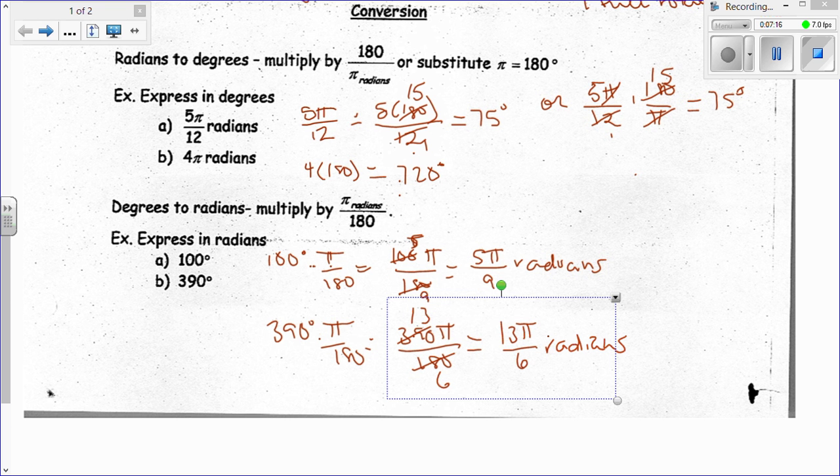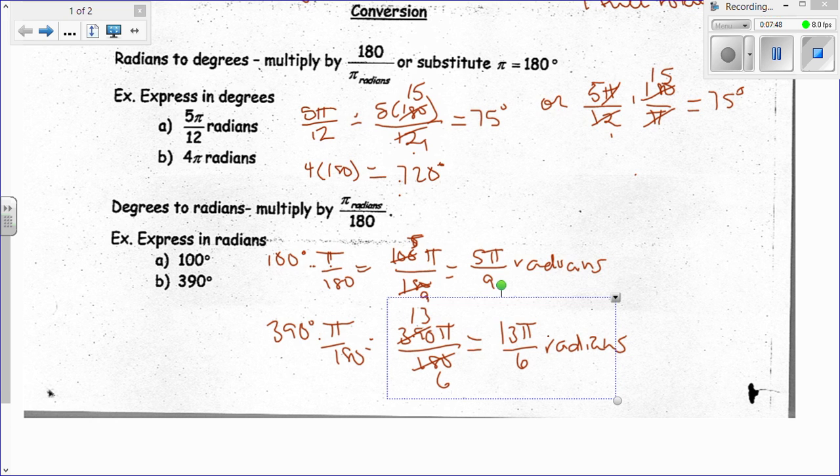Generally speaking, when we're trying to find radians, our answer is going to be in terms of pi. That's how you can remember to multiply by pi over 180, because we want to have pi in our numerator for our answer. When we're trying to go back from radians to degrees, my goal is to get rid of pi. So I put pi in the denominator so I can cancel them out, or so that I can substitute 180 in for pi.